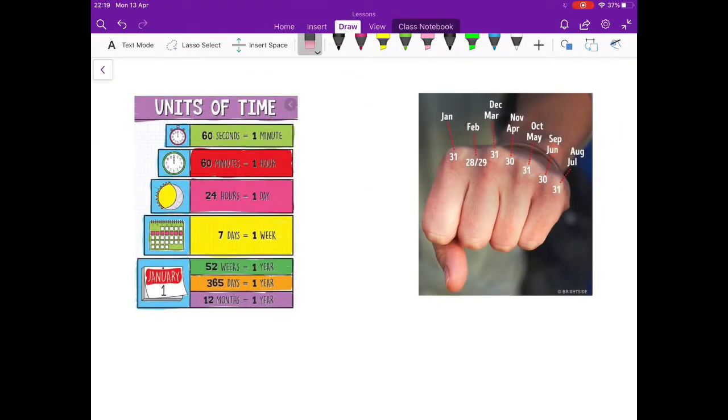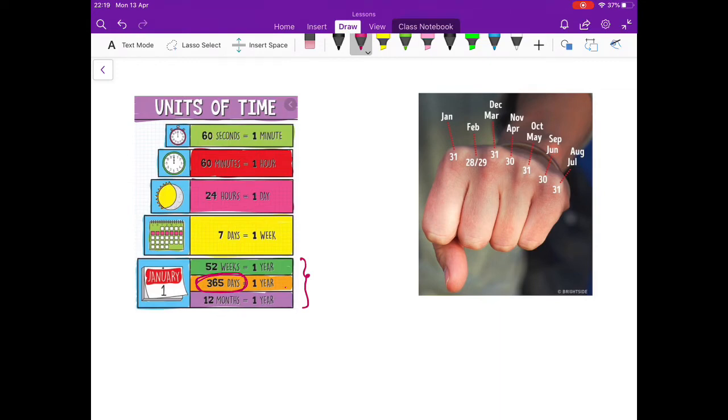Let's look at units of time. This you must remember as well. It will not be given to you. I particularly want to have a look at 1 year. So for example, over here, we have 1 year is 52 weeks, 365 days, or 12 months. Now specifically the 365 days, that is what we use in our Maths Lit calculations.